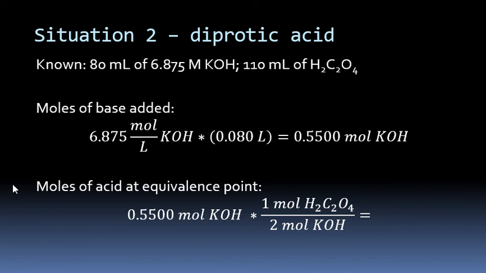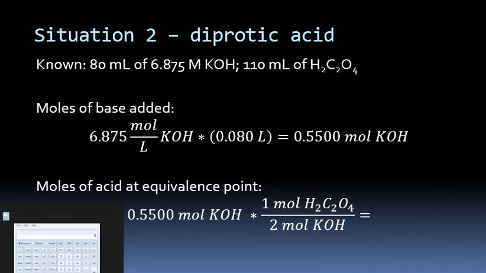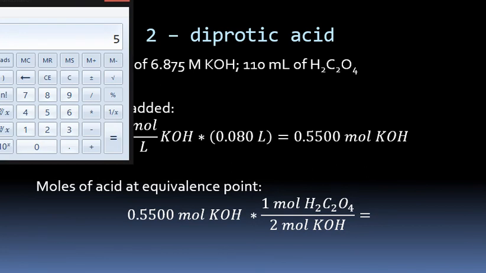Therefore, in order to determine the moles of acid that was fully reacted by the time we reach the equivalence point, we're going to need to use this mole ratio, which is 0.55 moles of our base times 1 mole of our acid divided by 2 moles of our base.